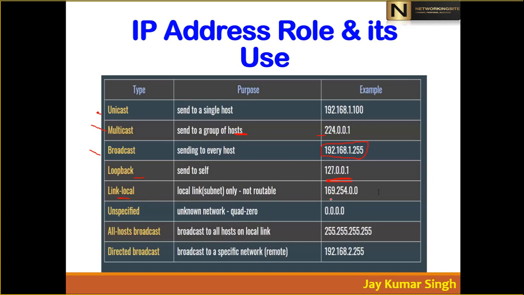You know APIPA? APIPA is known as link local. Now about all zero, it is used for unknown network when you see default routing. This is the broadcast IP address to send a message to all the hosts in the network. This is direct broadcast and this is all broadcast.